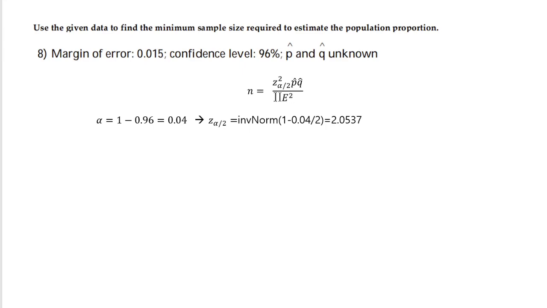And then E is also given to us, it's 0.015. So just plug in everything to this formula now. As you can see, I'm using 50-50. And then you compute this, and you end up with 4686.31, which means you need at least 4,687 samples. Yeah, that's actually quite big. You'll need a lot of money to get that much sample.